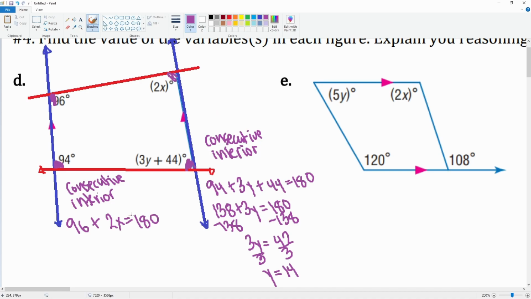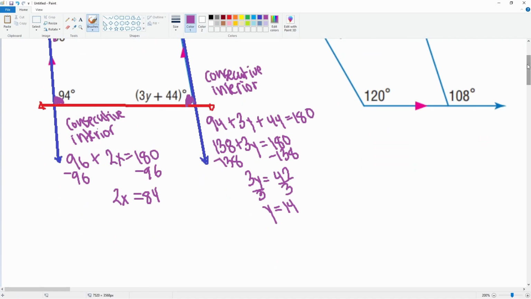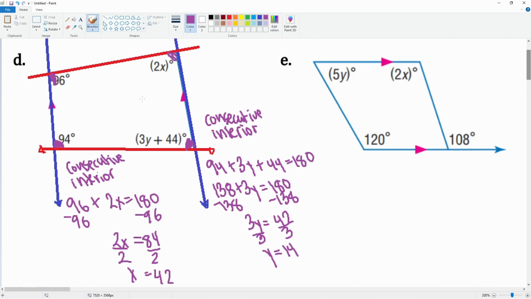So let's now subtract the 96 from both sides. 180 minus 96, we get 84. So 2x is going to be 84. Let's now divide both sides by 2 because we're trying to get the x alone here. We get x is equal to 42. So there you go. You had to use both consecutive interior angles here.